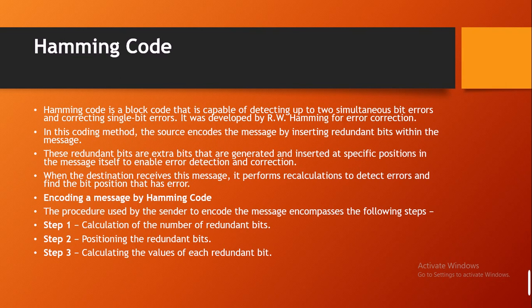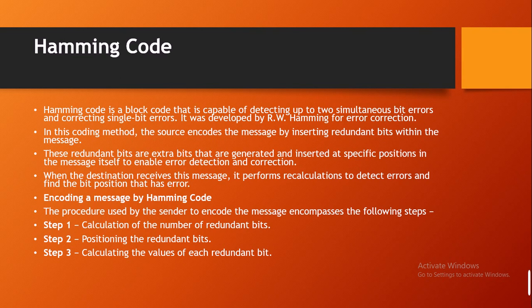These redundant bits are extra bits that are generated and inserted at specific positions in the message itself to ensure error detection and correction. When the destination receives this message, it performs recalculations to detect the error and find the bit position that has errors.